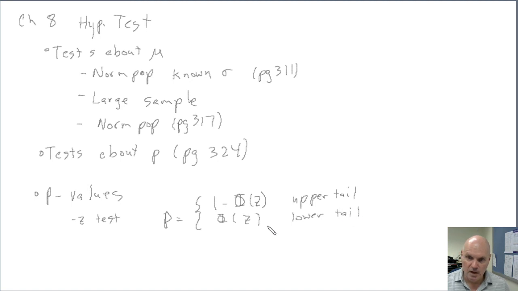So these different tails correspond to different types of alternate hypothesis. And then 1 minus phi of the absolute value of z if we're doing a 2-tailed test. Okay.